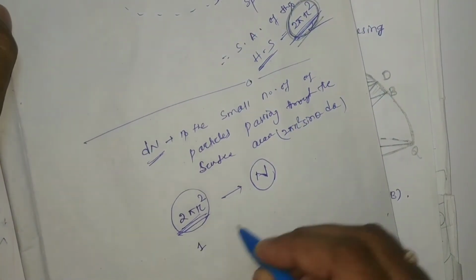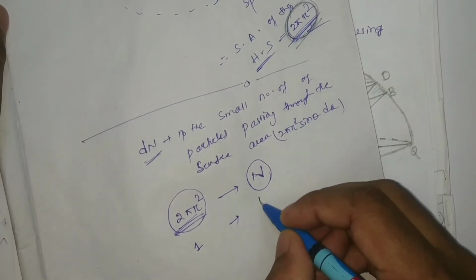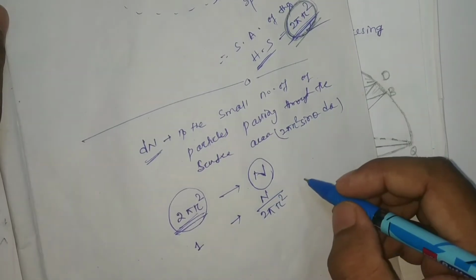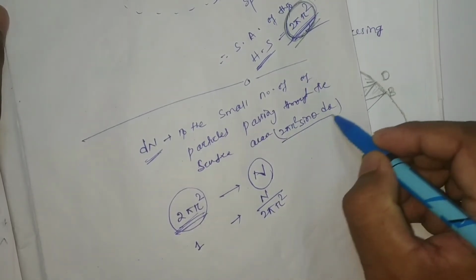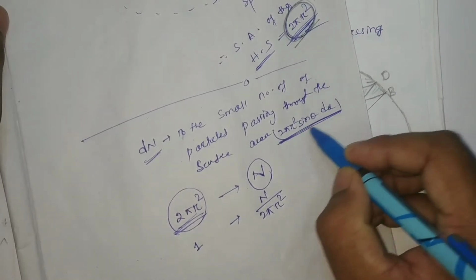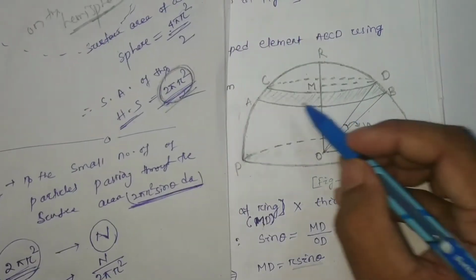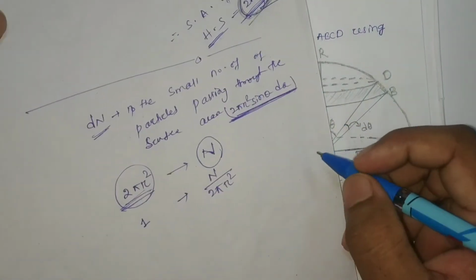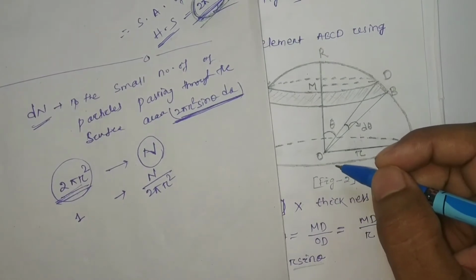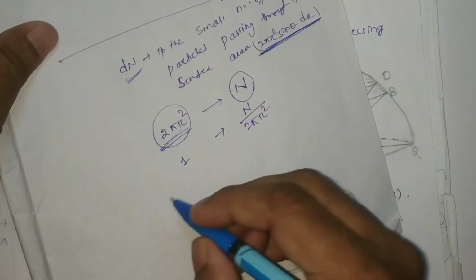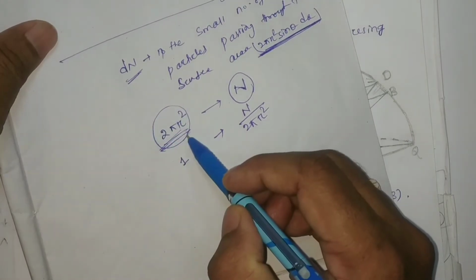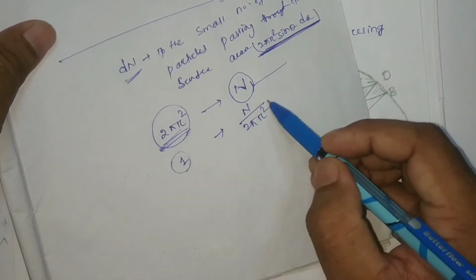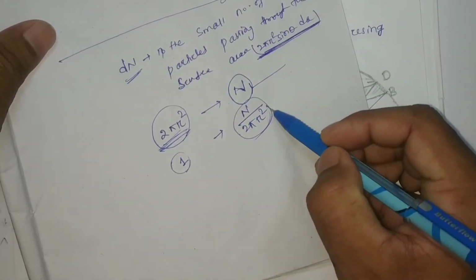In one unit of area, how many beams will pass through? N by 2 pi r square. For unit area, the number of beams or photons will be this much.